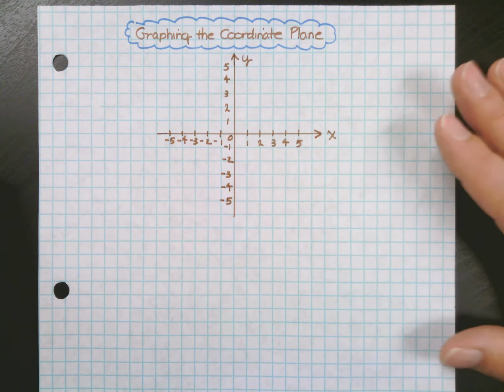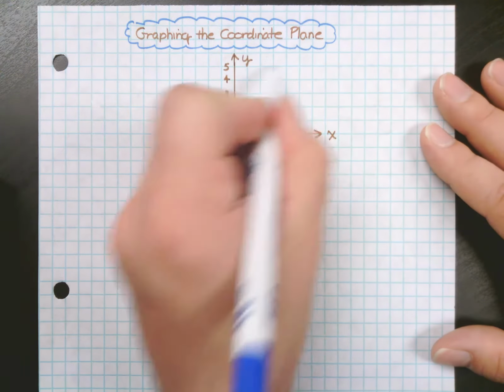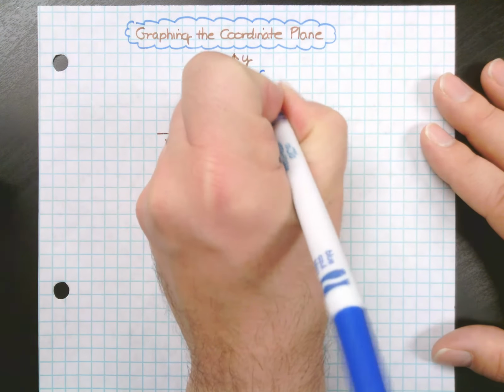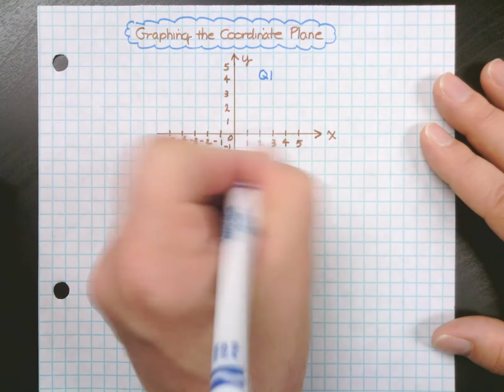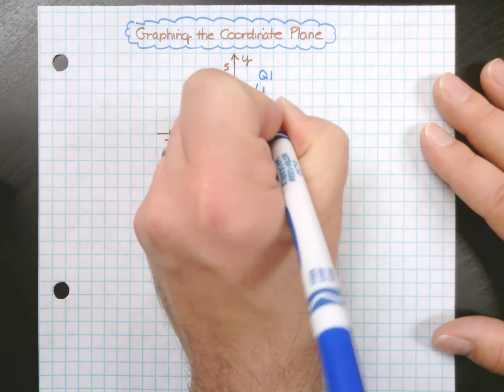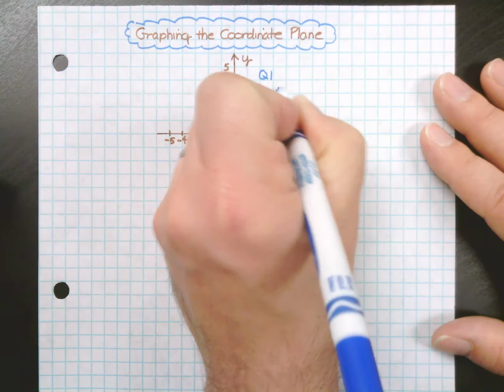So we call each of these quadrants, starting with this quadrant, quadrant 1. And we see that the ordered pairs are positive for x, positive for y.